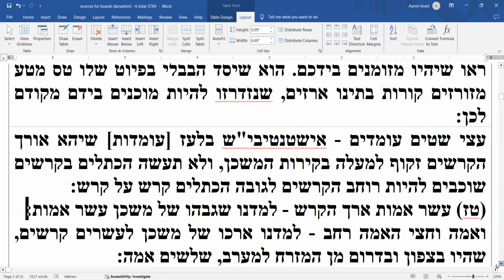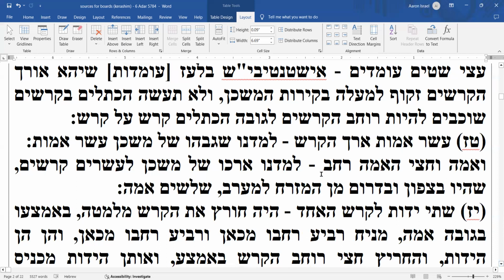And again, he says that the chama v'chatzi amah tells us the actual measurements of the inside of the Mishkan. Arko shemishkan lesin Kerashim, which is shloshim amah, that the length of the Mishkan on both the north and south side, which ran from east to west, was 30 amot.